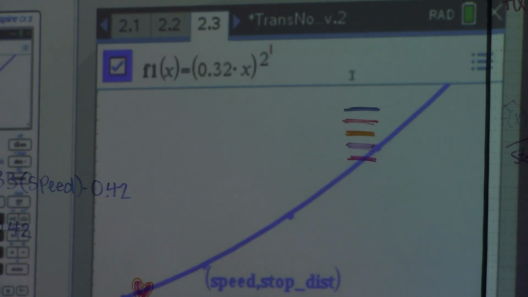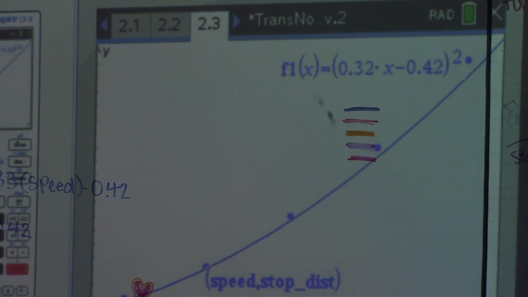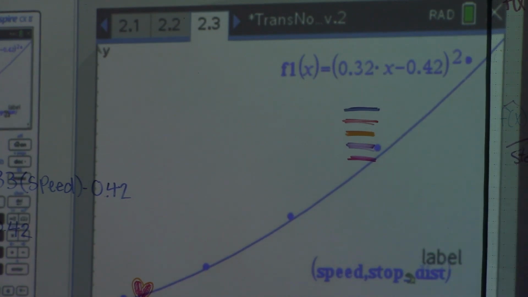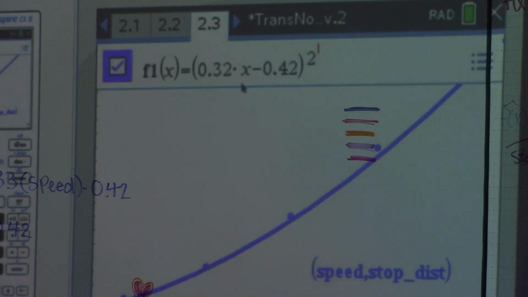Let's see if we check this one, the 0.32x minus 0.42. Okay? Notice that's close, but a little bit further off. So we would want to maybe go back and rethink our line, but that's pretty close. We got a 0.33x minus 0.42 over there. 0.33x.